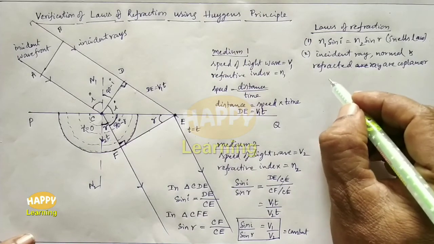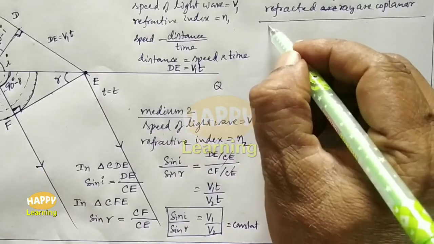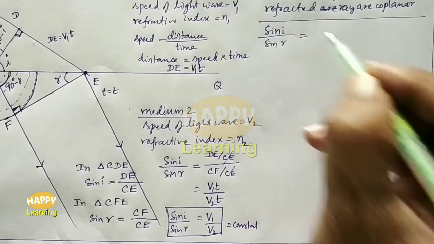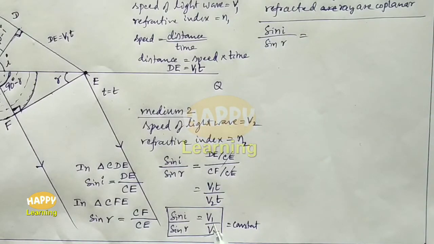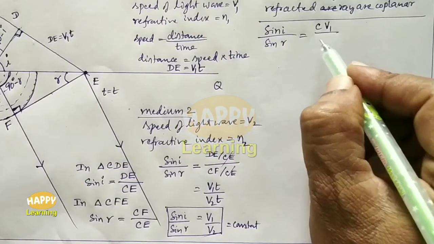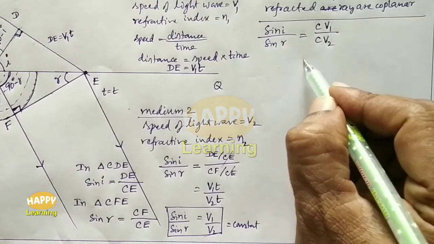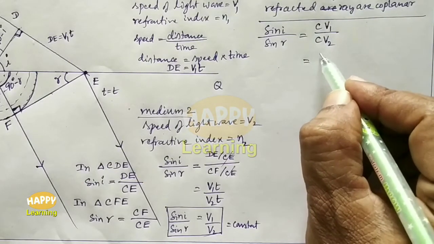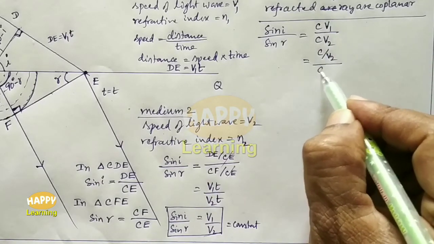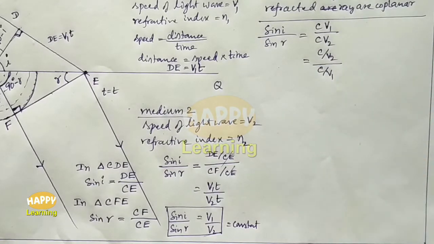Even we can write sin I by sin R is equal to V1 by V2. Let me multiply numerator and denominator with C. That gives CV1 by CV2, which is equal to C by V2 whole divided by C by V1.